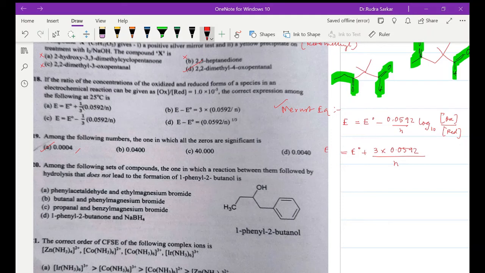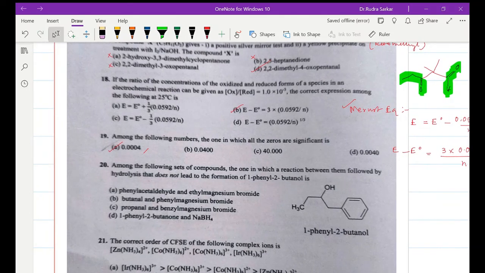So this is E. So we can rewrite this expression as E minus E naught equal to. So the answer over here is going to be B. Among the following numbers, the one in which all the zeros are significant, obviously option A.